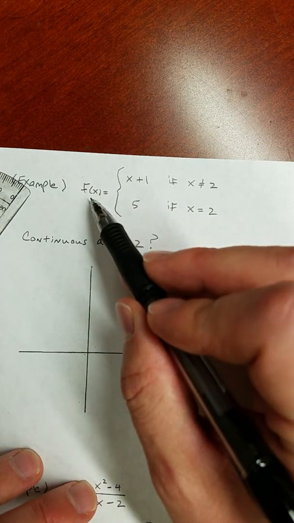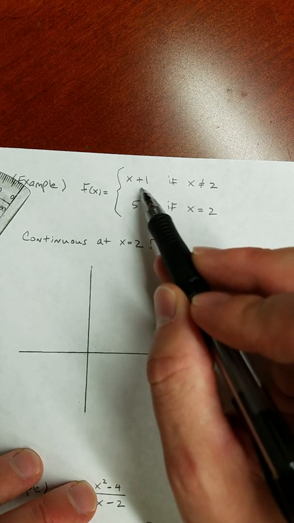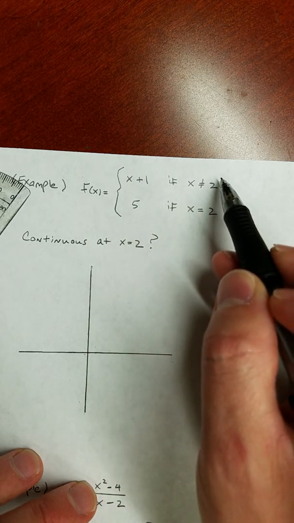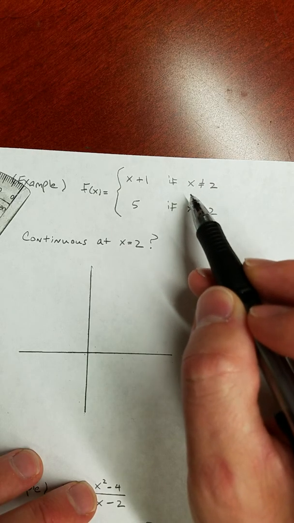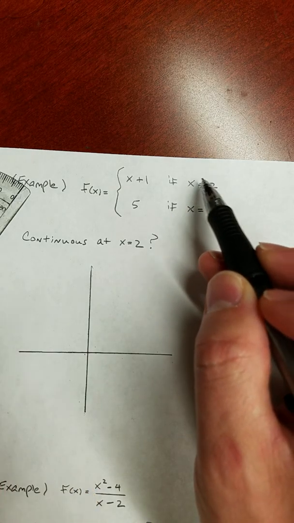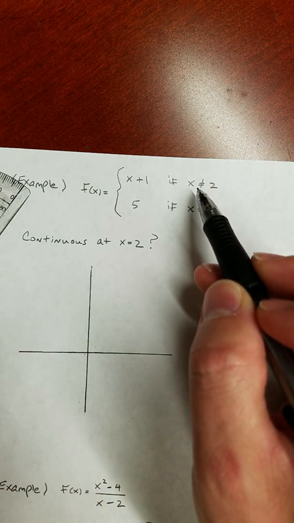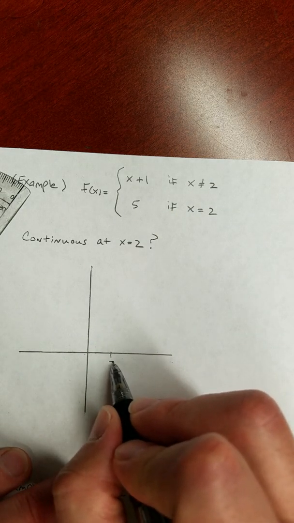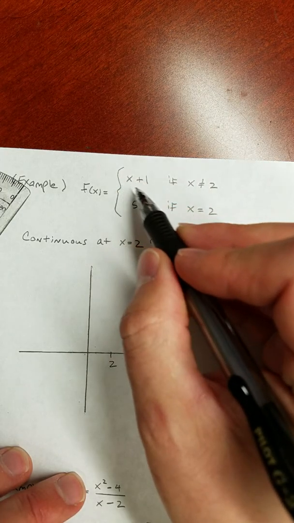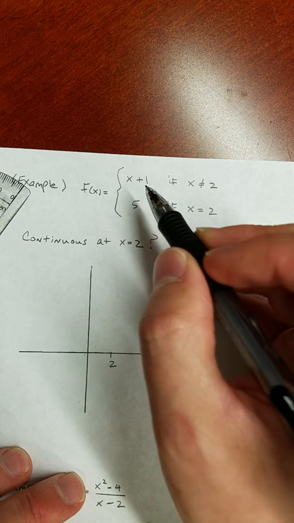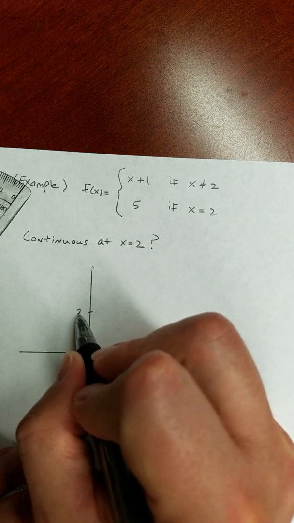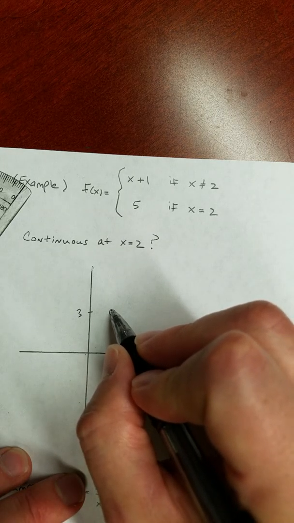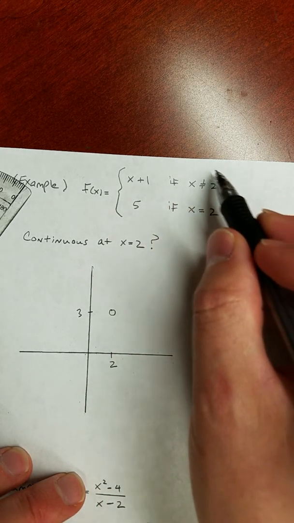I need to draw y equals x plus 1, leaving off the point where x is 2, leaving only that point off. What point am I leaving off? What would that give you if you put 2 in? You get 3. But that, and only that point, gets left off according to this.